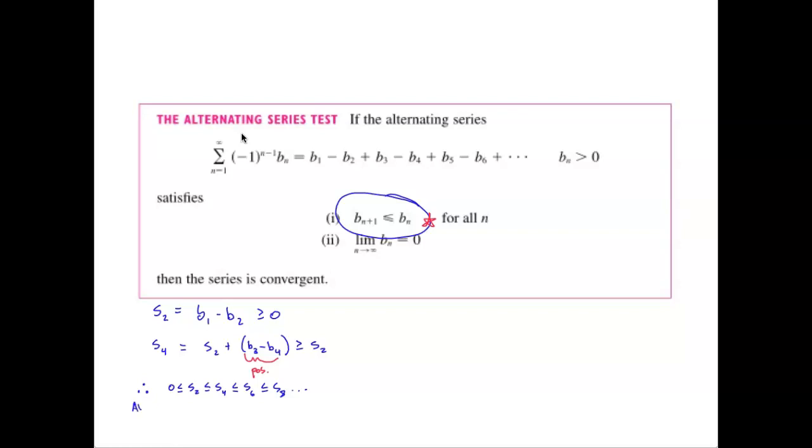And I can also say that the nth even partial sum, so S sub 2n, is just B1 minus B2 minus B3 minus B4 minus B5, and so on.